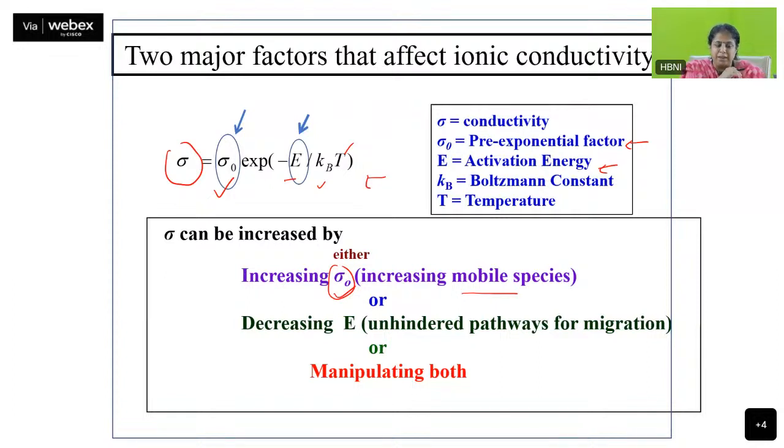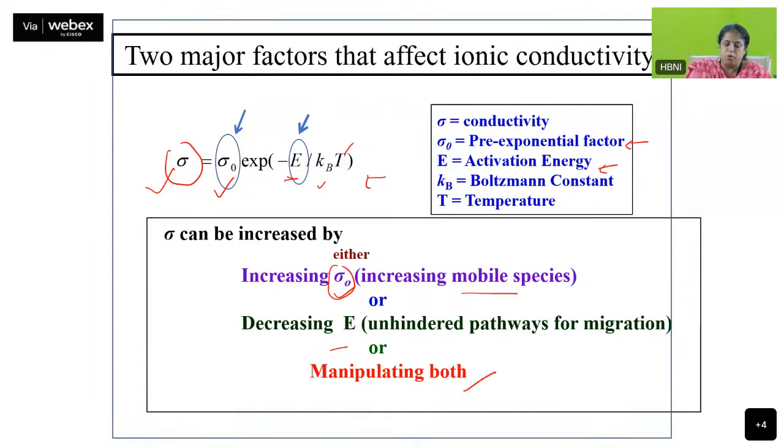You would want to increase it, or you can increase this value by decreasing the exponential, the energy term, which is a negative exponential. That is by decreasing E, or by decreasing the activation energy for that particular process we are talking about, in this case movement of ions, or you can manipulate both, but in the favored directions.